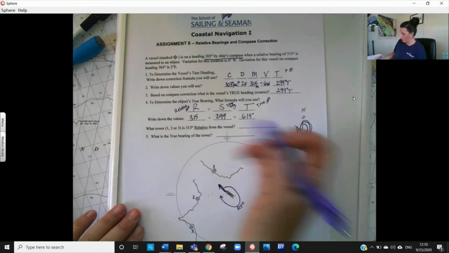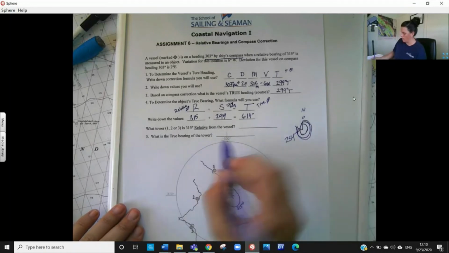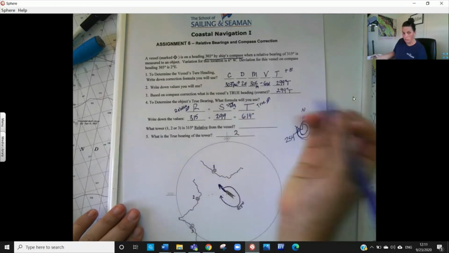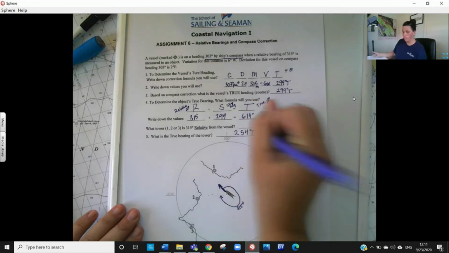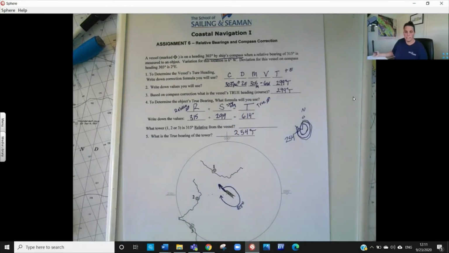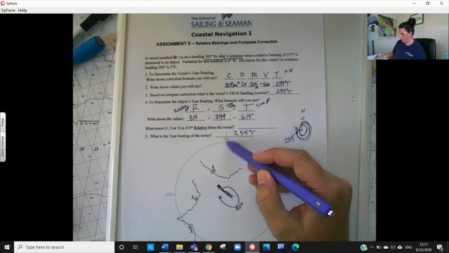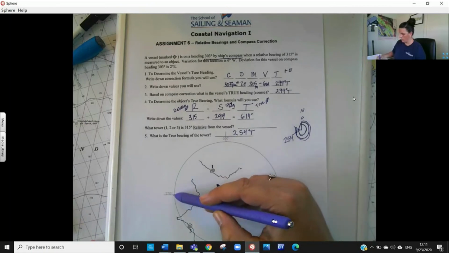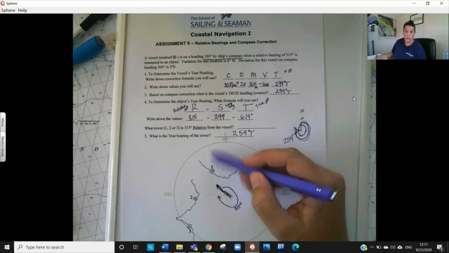So the true bearing of the tower is going to be 254 degrees true. So which tower did I see? Tower 1 is going to be between 360 and 270, probably closer to 330, 340, something around there.